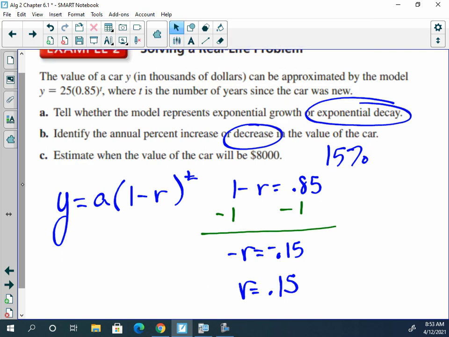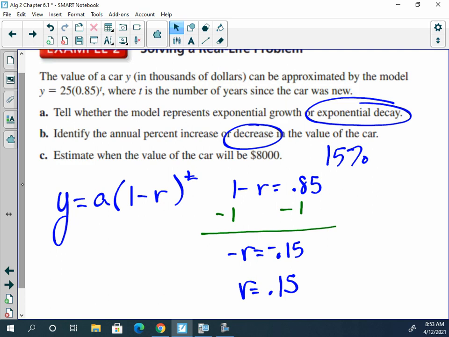Now, if this was an ACT question, what we could do is one of two routes. Since I know that this is going to be in thousands of dollars, that's 25,000 to start with, I can set it up as 8 is equal to 25 times 0.85 to the t, and go about solving it that way.